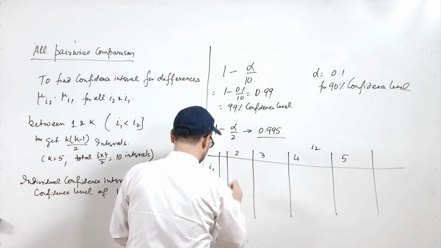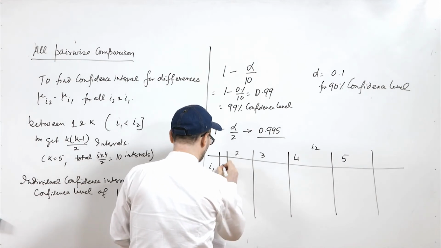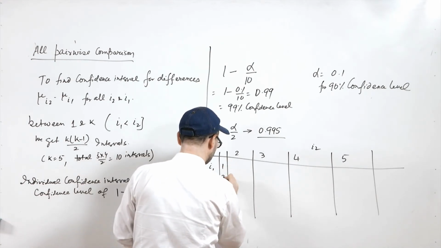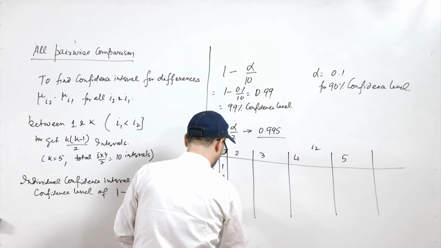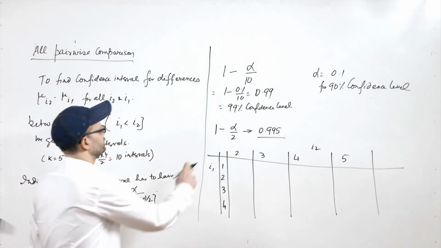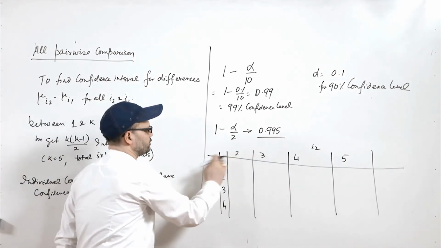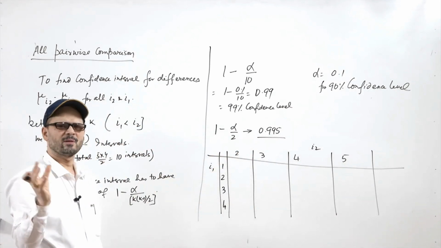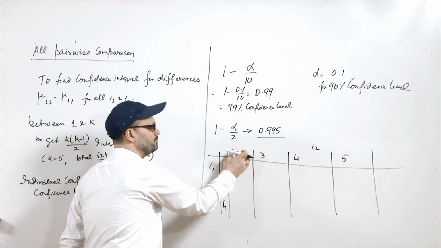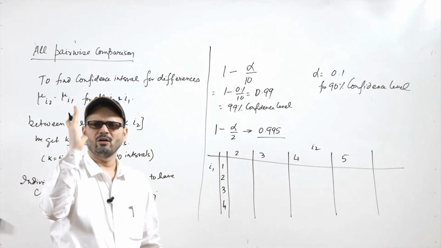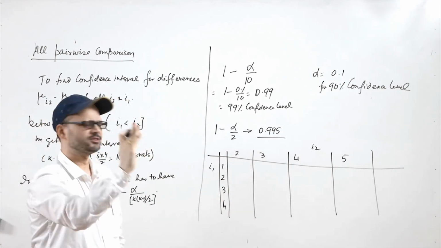For the second one, when we take mu 2 minus mu 1, the difference is basically the mean of the differences of the second replication minus first replication.